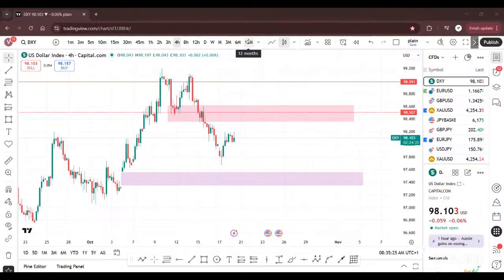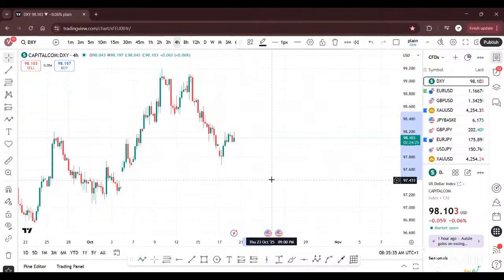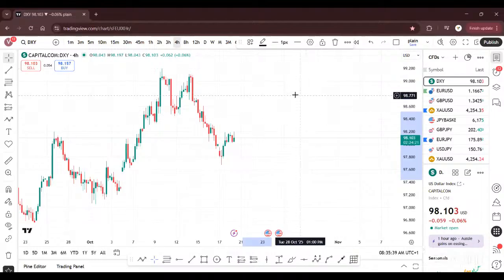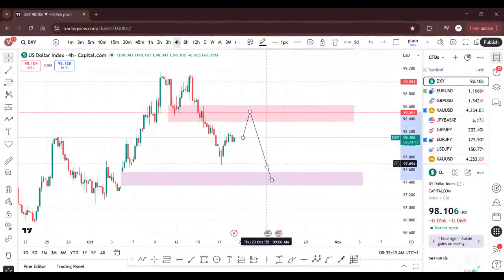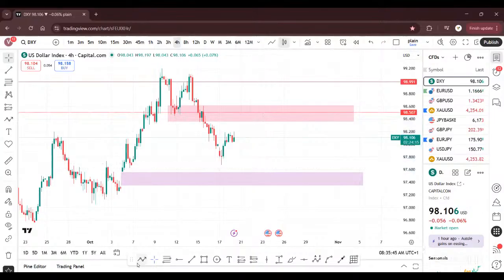If price is going to trade all the way back here and then sell off, this means we'll be seeing something like this, a move here, another here, and then a final move to the upside. Okay, so let me draw it.